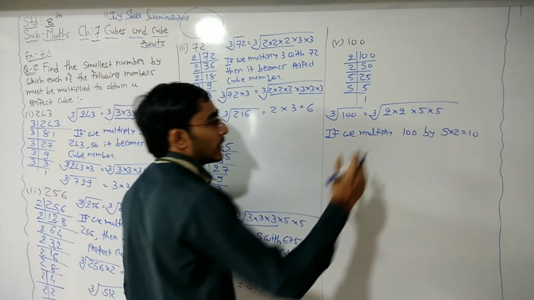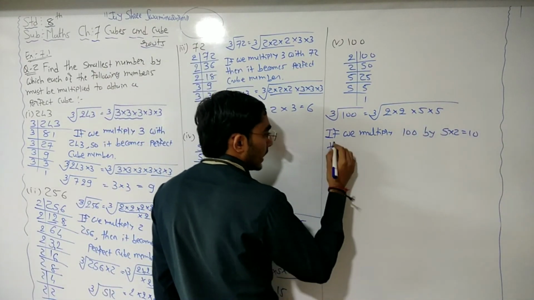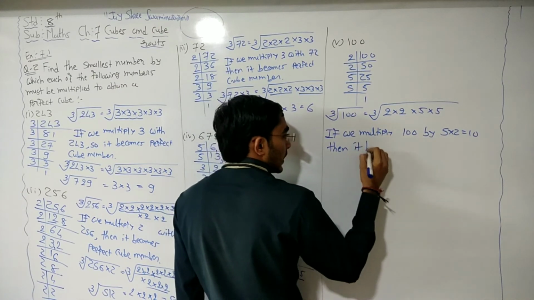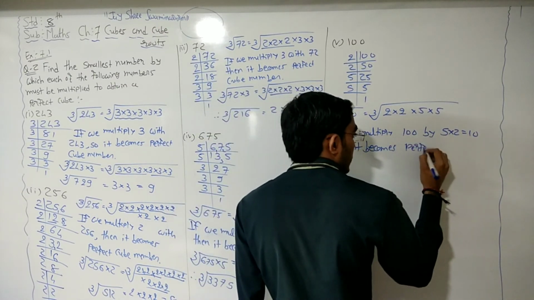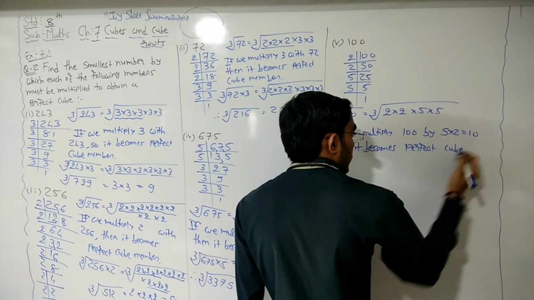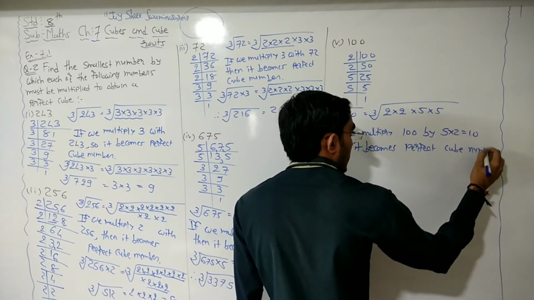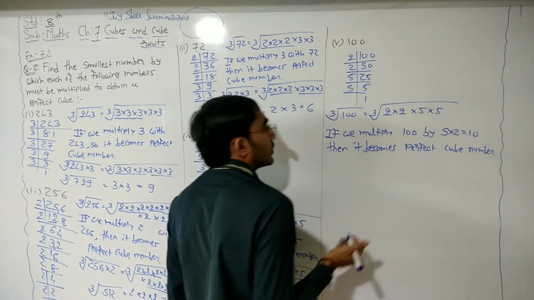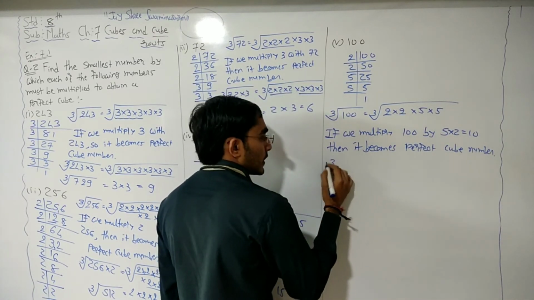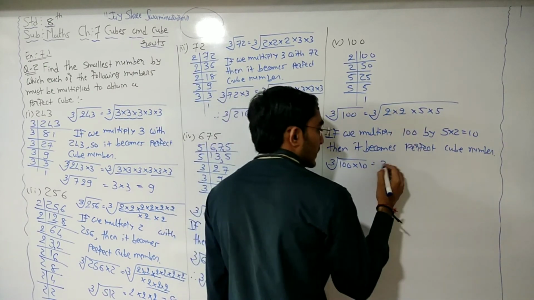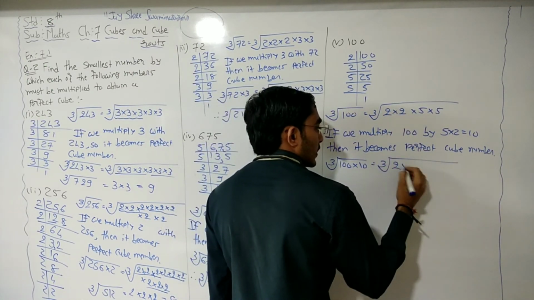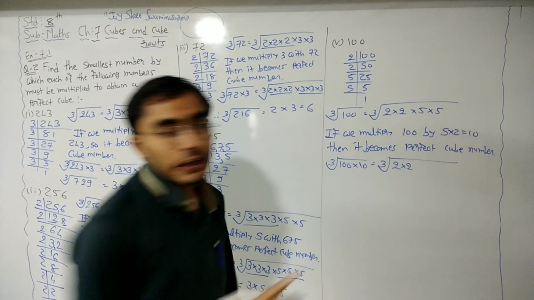So if we multiply 100 by 10, then it becomes a perfect cube number. Okay, so here 100 multiply 10, and here, okay, now we need to multiply 10.